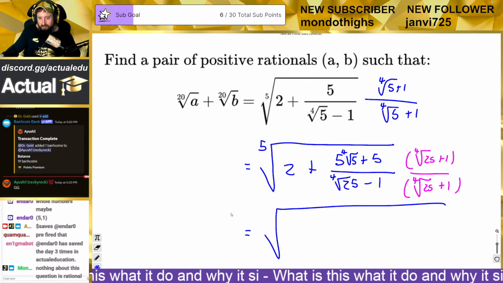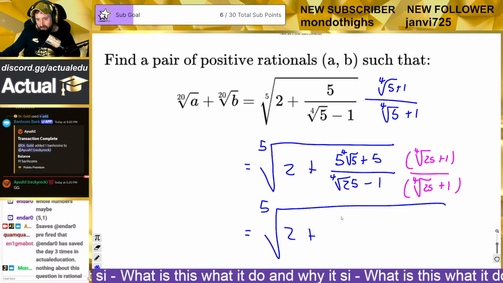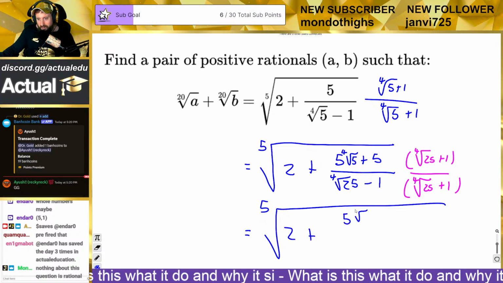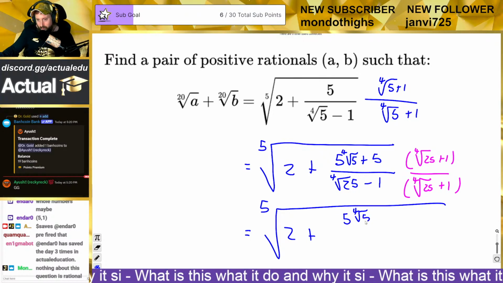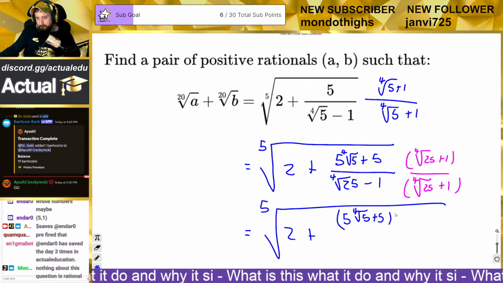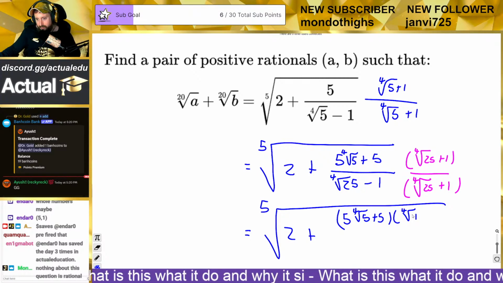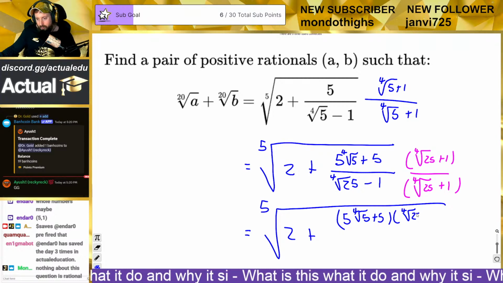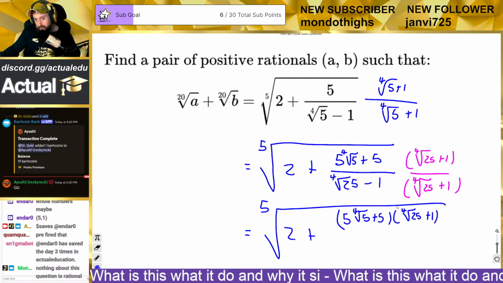This equals the 5th root of 2 plus the 5th root of 5 times the 4th root of 4 plus 5 times the 4th root of 25 plus 1, and then it's this squared minus this squared. So this is cool.